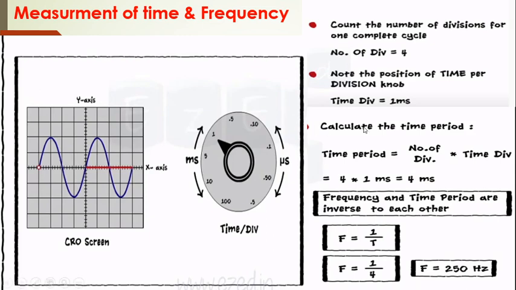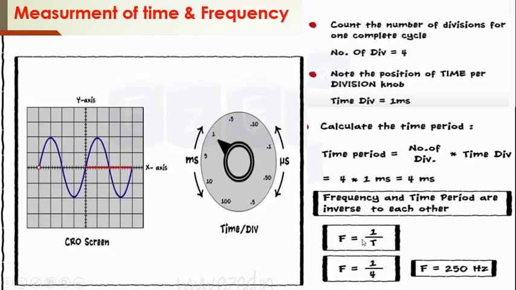The time division knob is at 1 millisecond. So time period equal to number of divisions into time per division, that is 4 into 1, equal to 4 milliseconds.